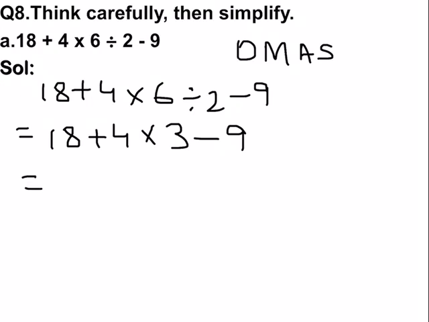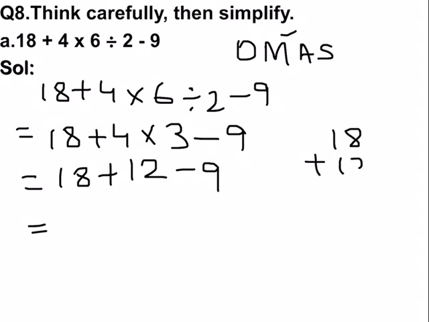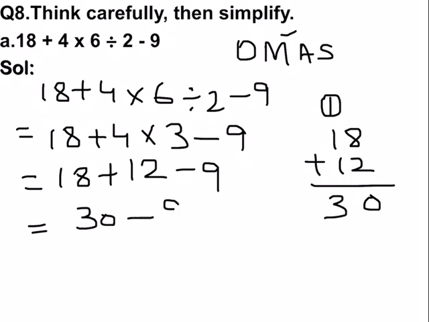First we will solve multiplication, that is 4 plus 4 multiplied by 3. 4 1s are 4, 4 2s are 8, 4 3s are 12 minus 9. Now first we will solve addition, that is 18 plus 12, 8 9 10. 1 carry, 1 plus 1 2, 2 plus 1 3, 30 minus 9.